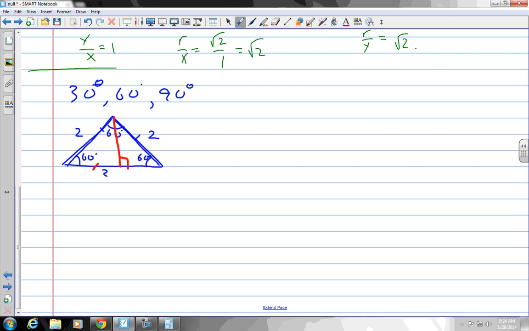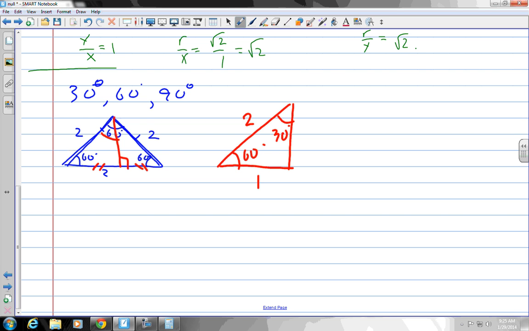So it will chop it up into two equal parts and make the angles equal as well. So if I take half of it, this side is still 2. What is this side now? 1. This is 60. What is this angle? 30. So I constructed my 30, 60, 90 degree triangle by cutting an equilateral triangle in half.